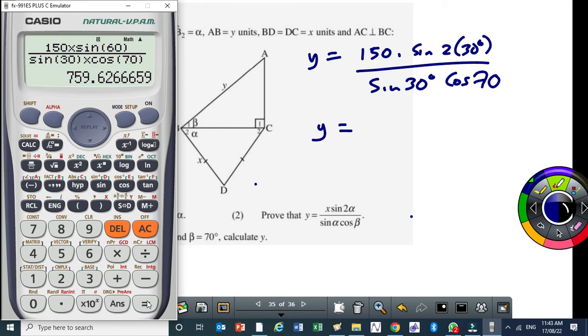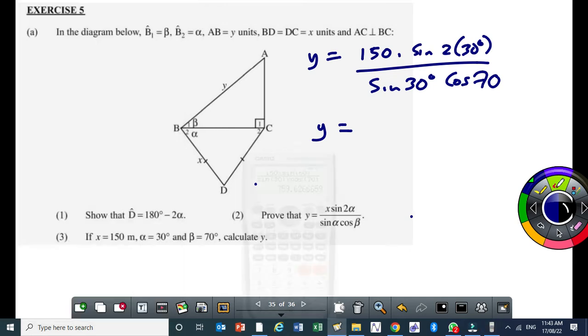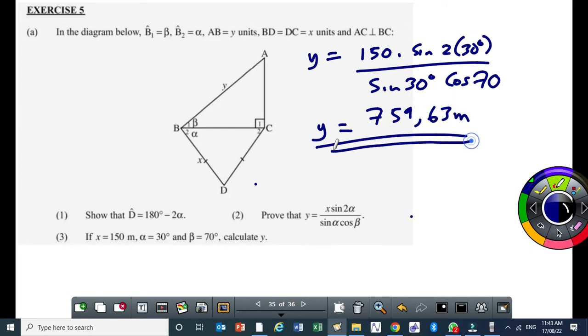The diagram is not drawn to scale. So it will be 759.63 meters. Is it meters or units? If they put meters here, it's in meters because it's 150 meters.